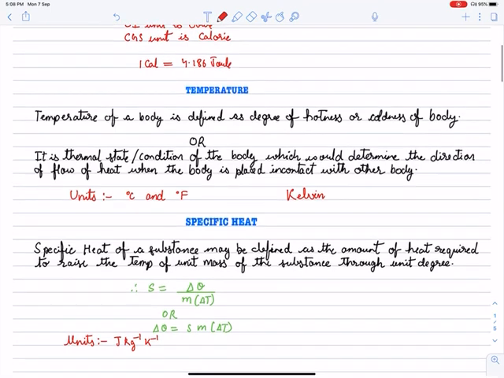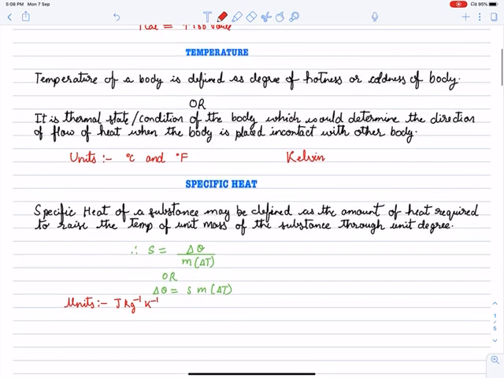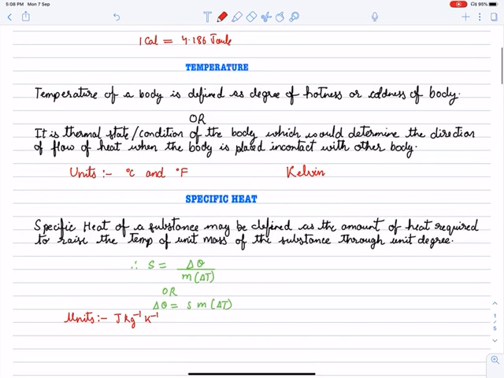Now, going to calorimetry, first we will describe the definition of specific heat. Specific heat of a substance may be defined as the amount of heat required to raise the temperature of unit mass of the substance through unit degree.